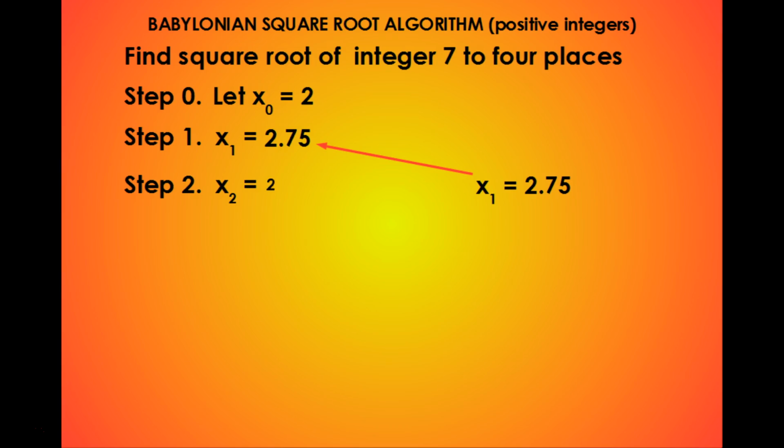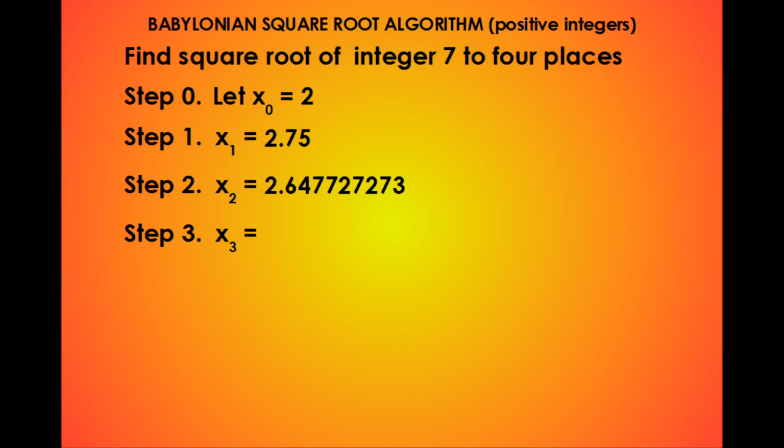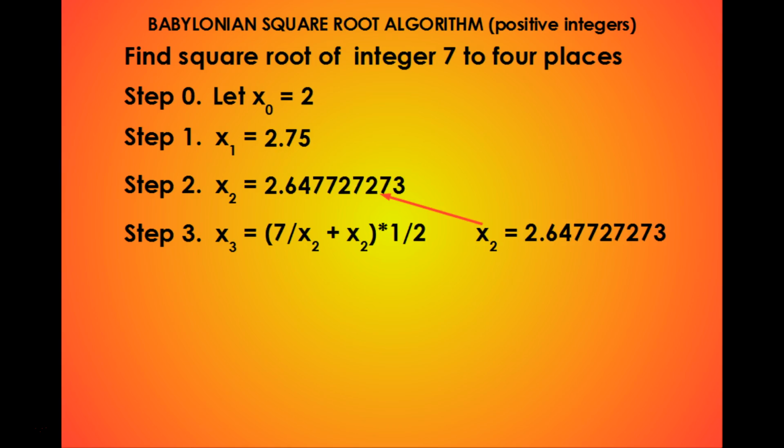Make that calculation, and we have this number. Step 3, now we have the x2. Step 3, we do exactly the same thing again, and we make x2 the value that we got in the last step, and we make that substitution, do the calculation, and the answer we get is this.